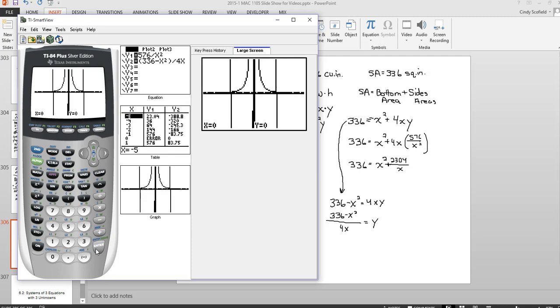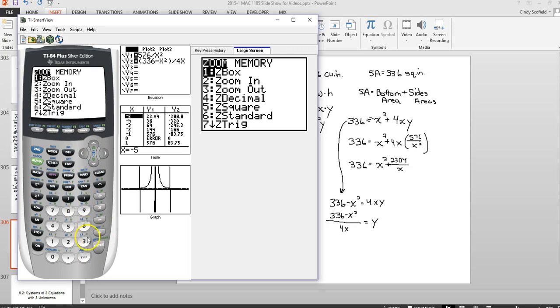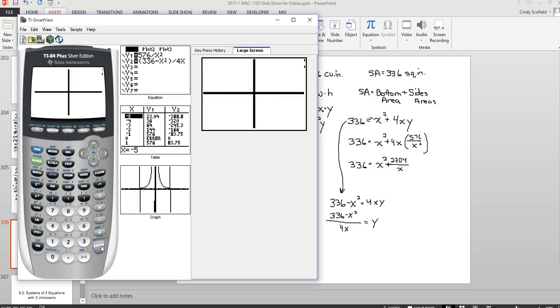Interesting. I'm curious. Zoom out further, see what it looks like. Okay, so it's a kind of weird shape. So let's zoom back in.